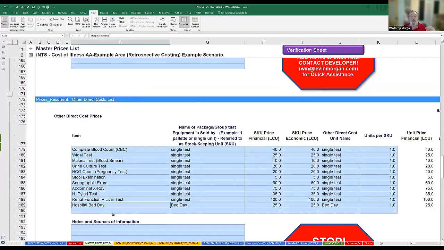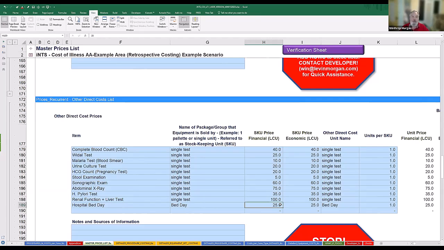And that's basically all the activities that are used to keep a patient in the hospital other than the actual medical procedures that are being done for them. And so we have that as an other direct cost here, and we say hospital bed day. And then we say what the cost is to the hospital.